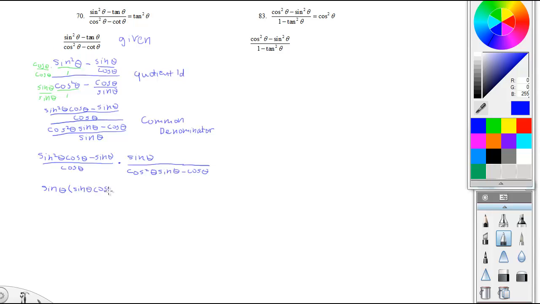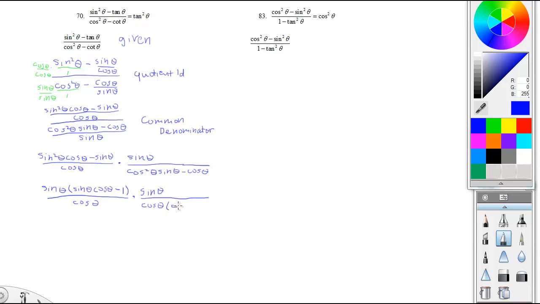I take a sine theta out of both terms. This being sine squared would just turn back into just sine theta. And this would be 1. And this is all over cosine. And this is sine theta. And then this has a cosine in both terms, so I'm going to factor out the cosine.